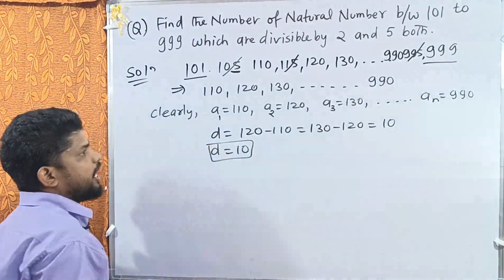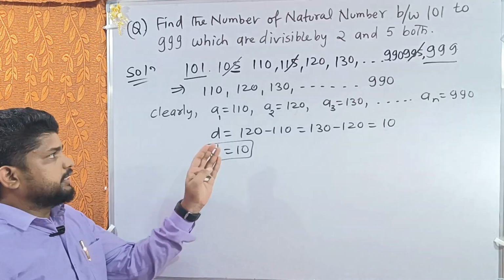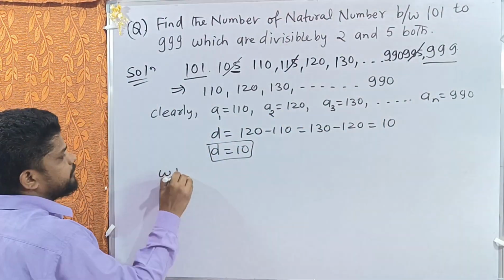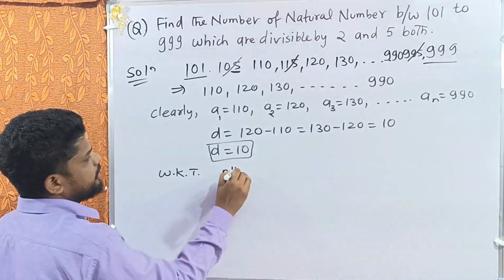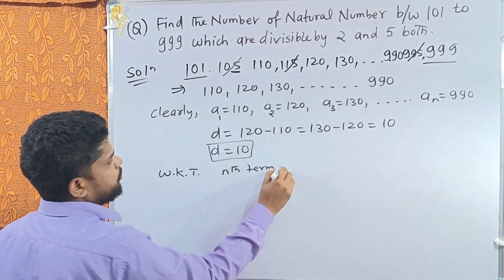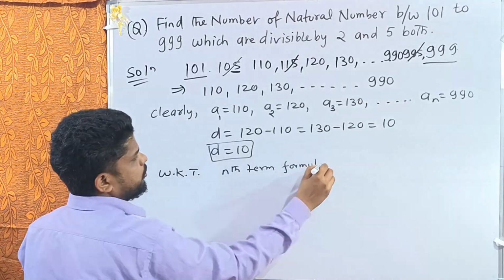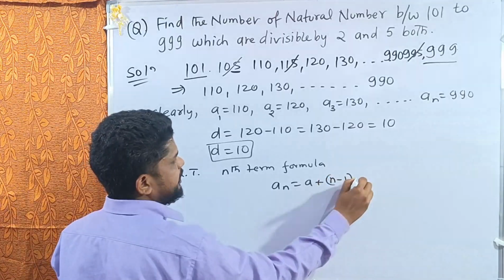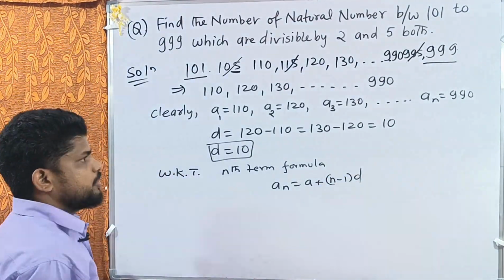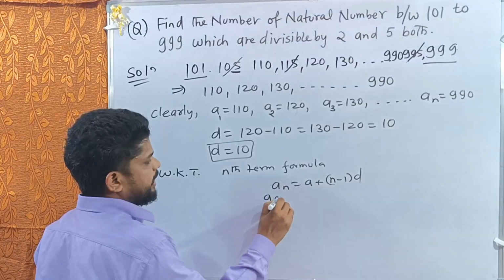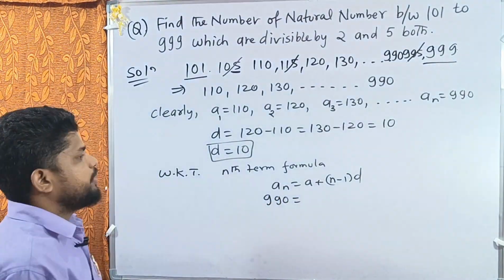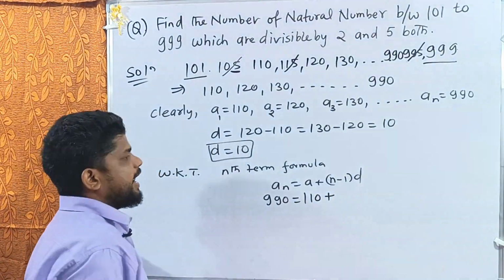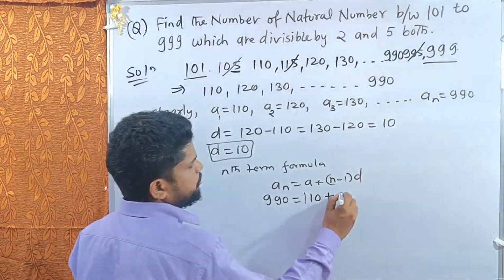Now we will put our given values into the nth term formula. We all know that the nth term formula for an AP is given by a_n equals a plus (n minus 1) times d. The value of a_n is 990. The value of a is 110, and we have to find n minus 1.